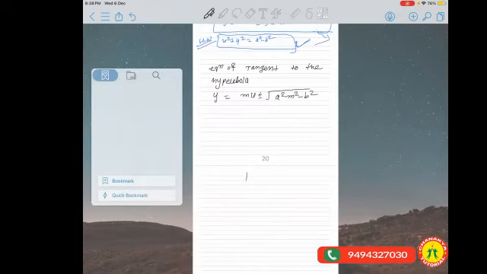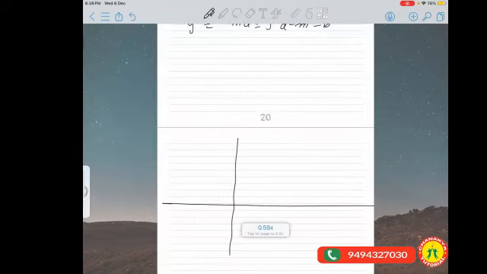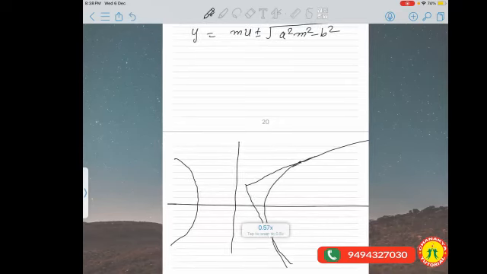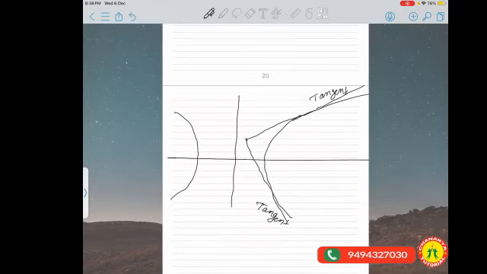So, it is the hyperbola. This line is tangent, this is a tangent line, and this is also tangent, right? So now let this be the point P with coordinates h comma k.